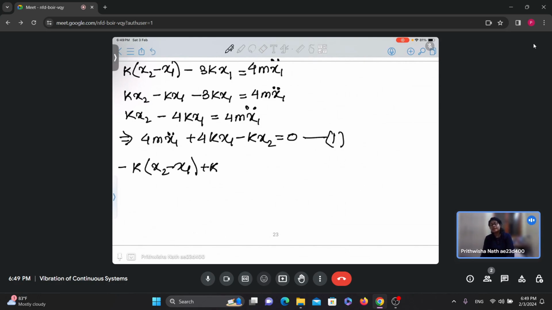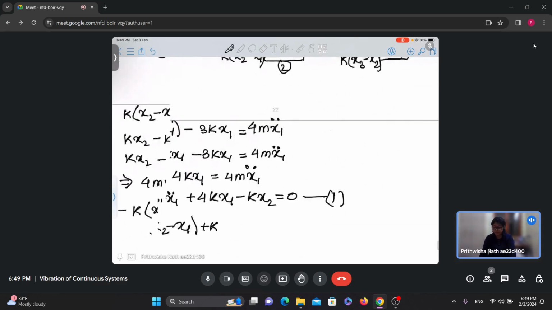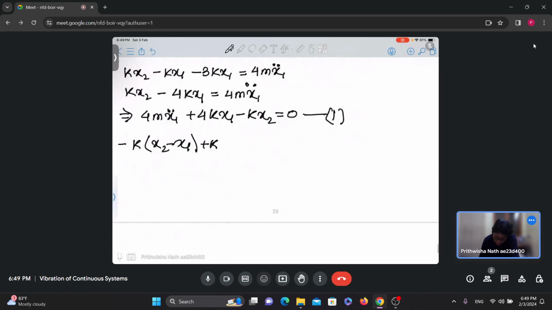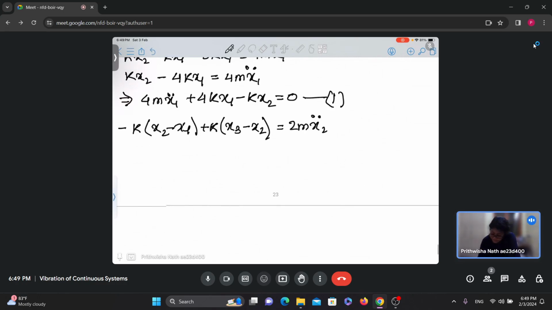And k into x3 minus x2 is acting towards the right, as you can see from the free body diagram. So k into x3 minus x2 equals mass into acceleration. The mass is 2m, so 2m x2 double dot. Now I expand it and rearrange it.